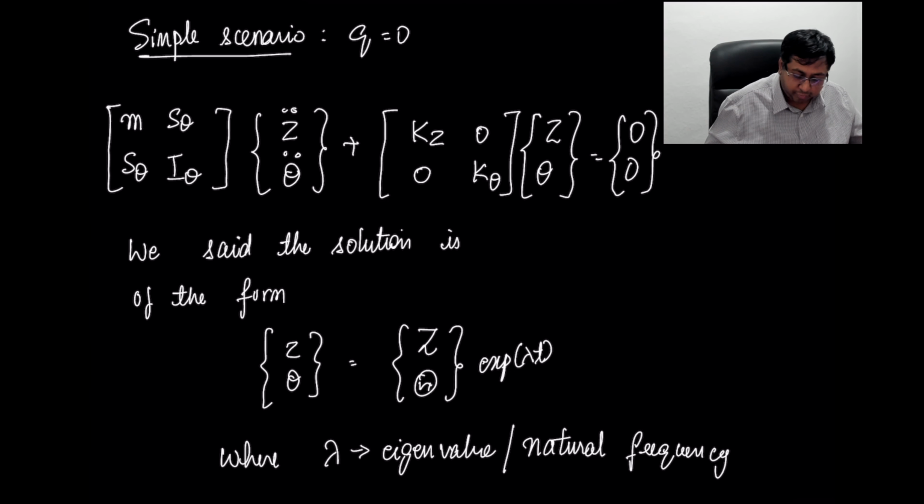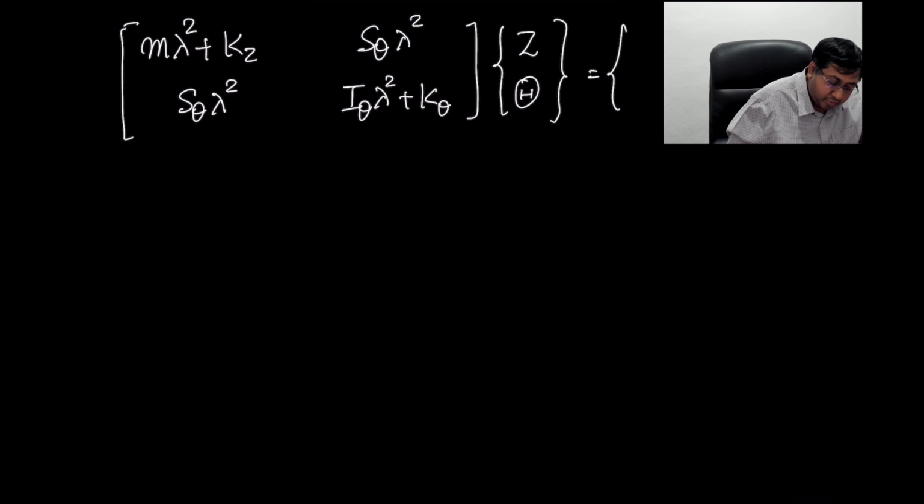Okay, and then we said once we know the solution, we can substitute back into the equation. So if we substitute back the value for z and theta into the equation, we can rewrite our equations as [m lambda square plus kz, s theta lambda square; s theta lambda square, I theta lambda square plus k theta] into [z0, theta0] equal to [0, 0].